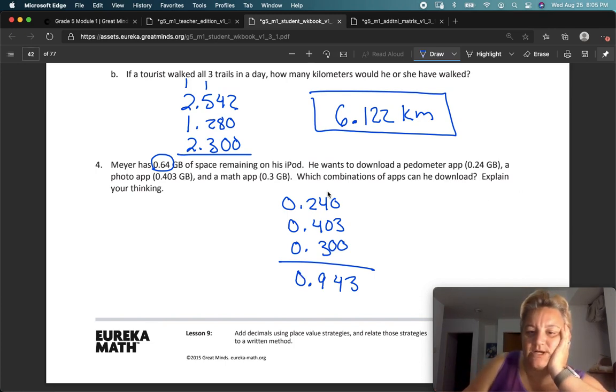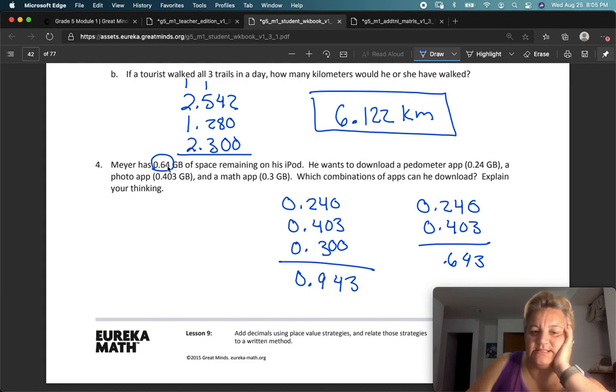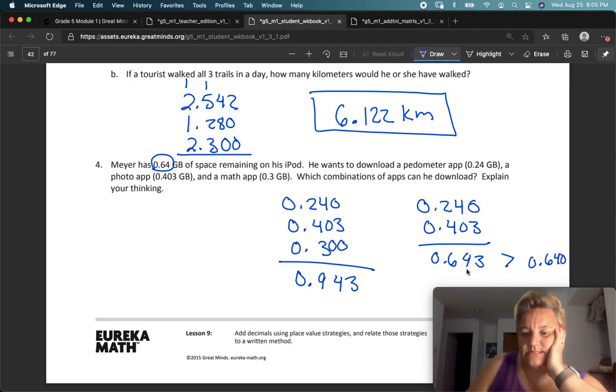So could he order the pedometer and the photo? Let's try that. Okay, 643, uh-oh. This is 640. So this number is bigger than 640, so that's too much.